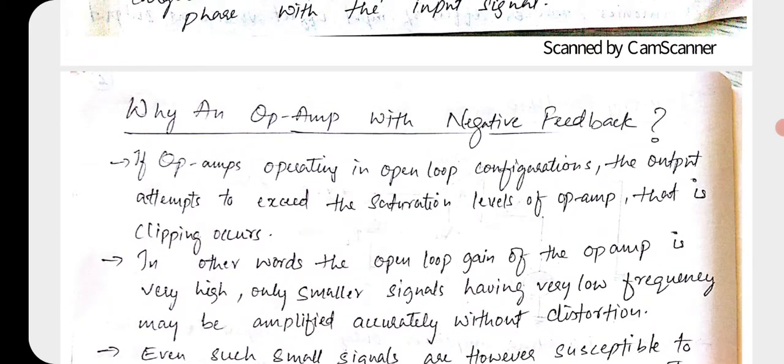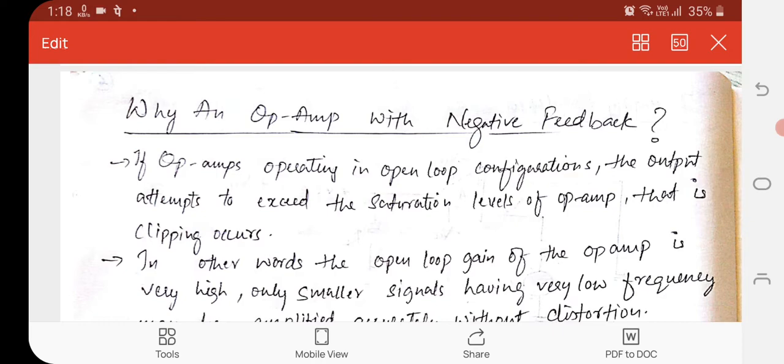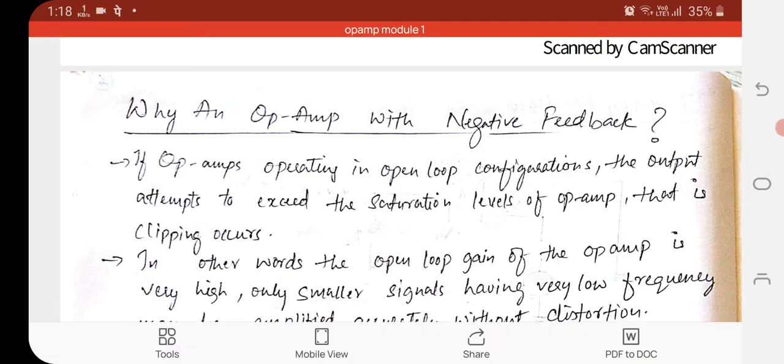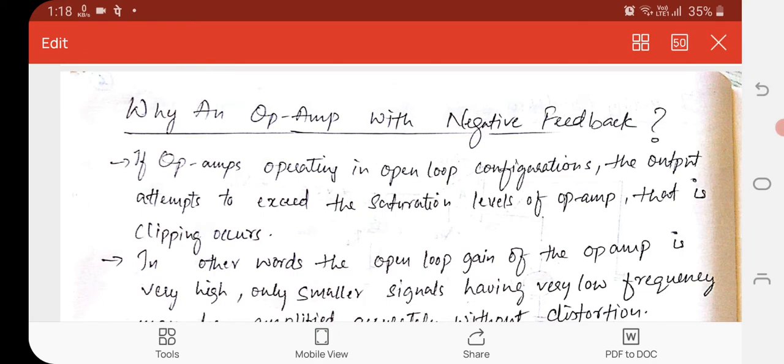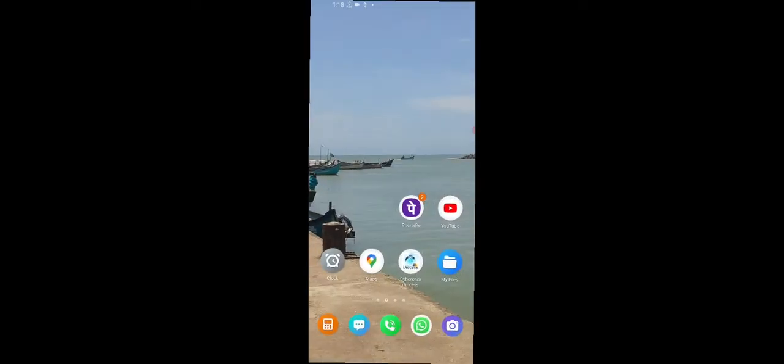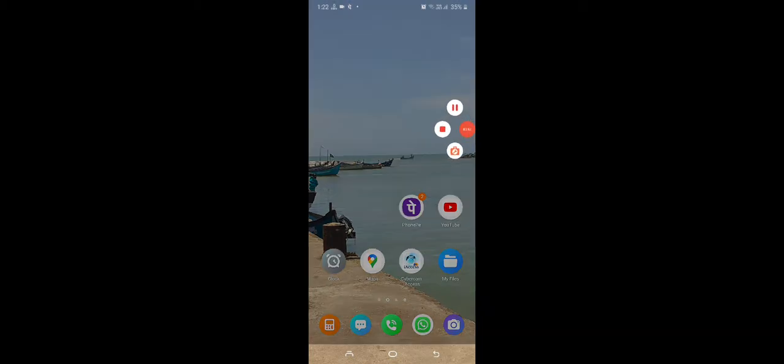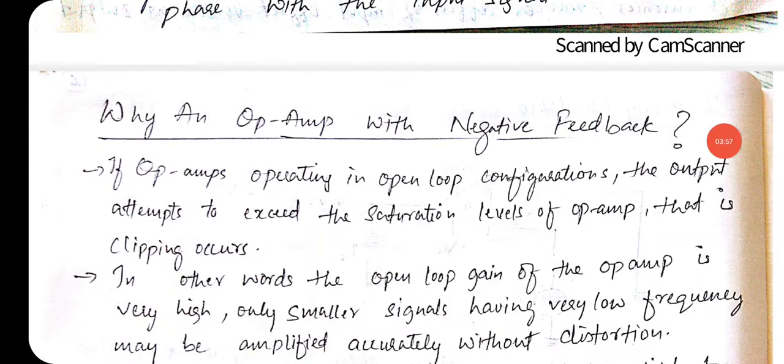One very important question here: why an op amp with negative feedback? So far we have seen op amps with open loop configurations, right?